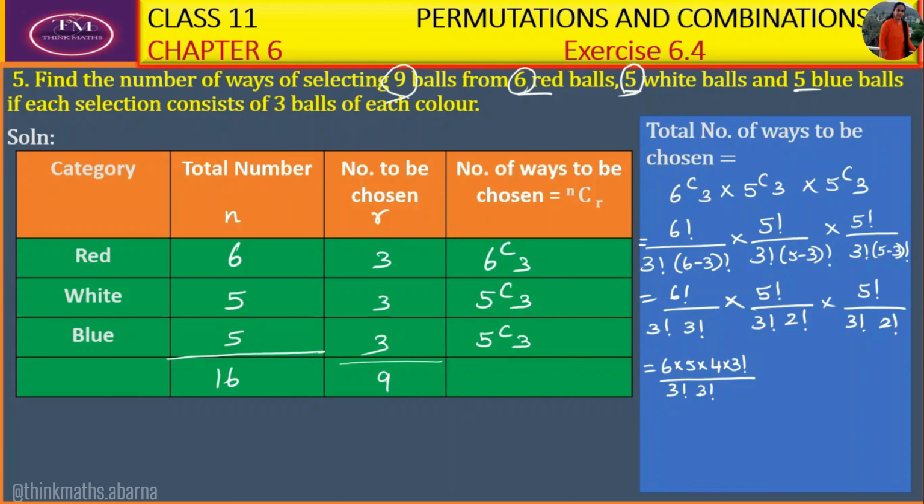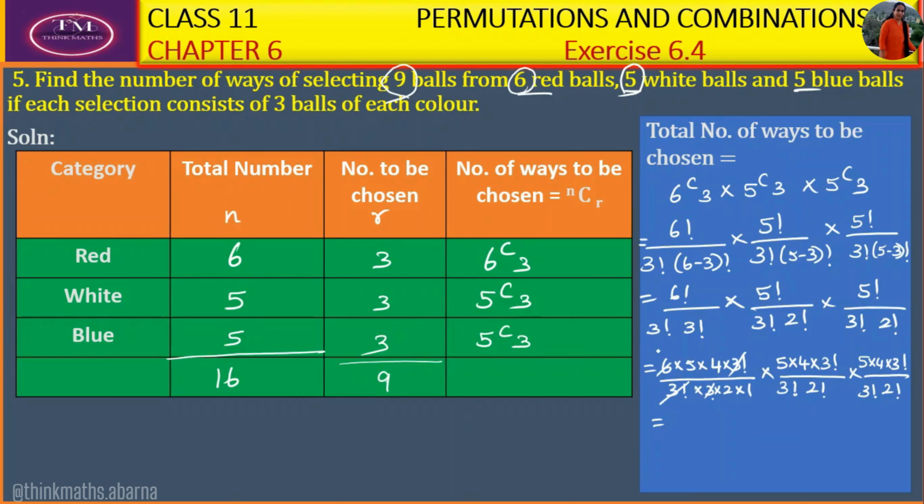The other 3 factorial can be written as 3 into 2 into 1. And 5 factorial can be written as 5 into 4 into 3 factorial, divided by 3 factorial into 2 factorial, into 5 into 4 into 3 factorial divided by 3 factorial into 2 factorial. So this 3 factorial gets cancelled.